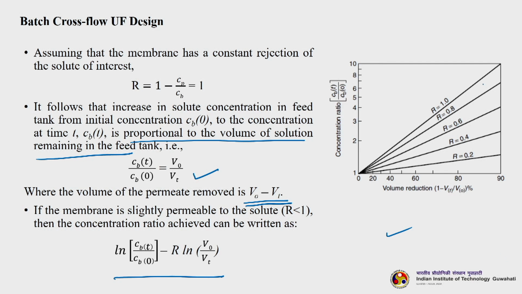You can see where R equals 1, that means complete rejection, the volume that is reduced is the highest. And when the membrane becomes slightly semi-permeable, your rejection reduces to 0.8, 0.6, and the volume that is reduced actually gets less, right.